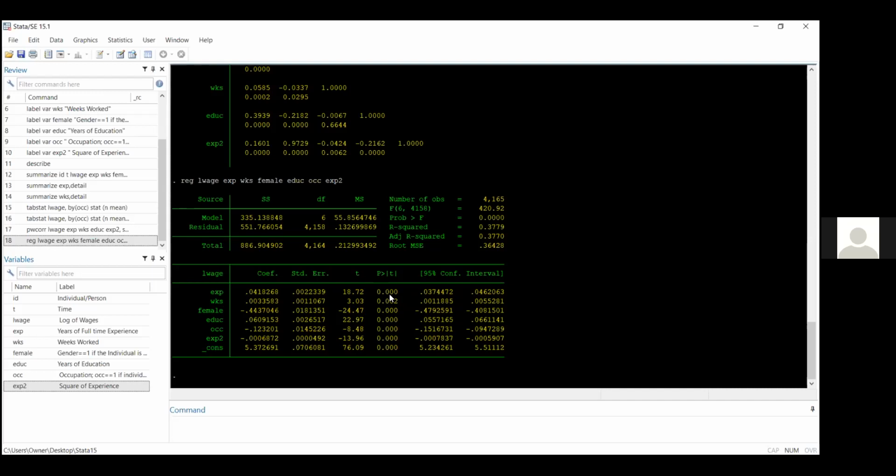And so for us, the language is you either reject your null hypothesis or you fail to reject it. So with the p-value, you are looking for any small evidence so that you are in a position to reject your null hypothesis.